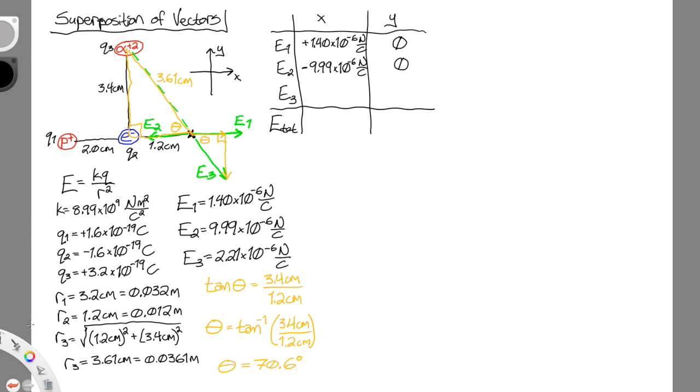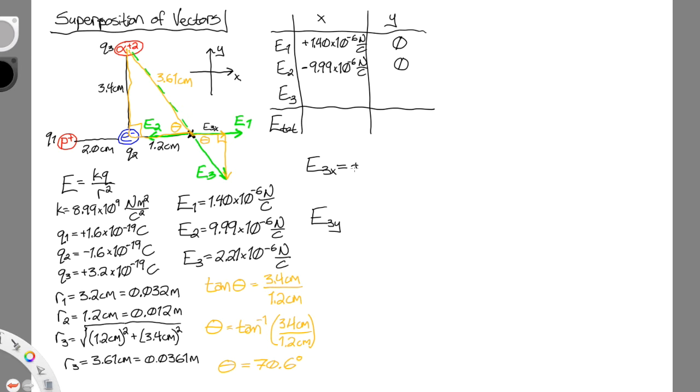So now we need to find the x component of E3, E3x, and the y component of E3, E3y. The x component, we should check the sign. The x component of E3 right here is going to be positive because it points to the right.